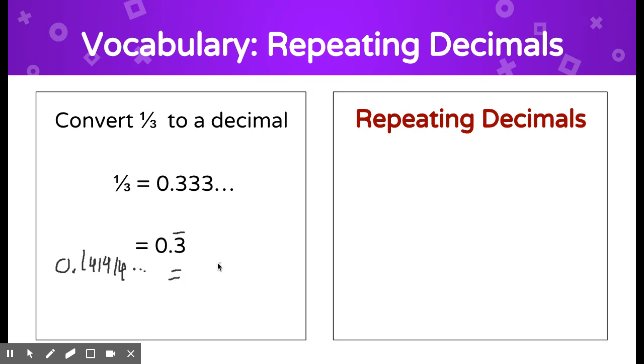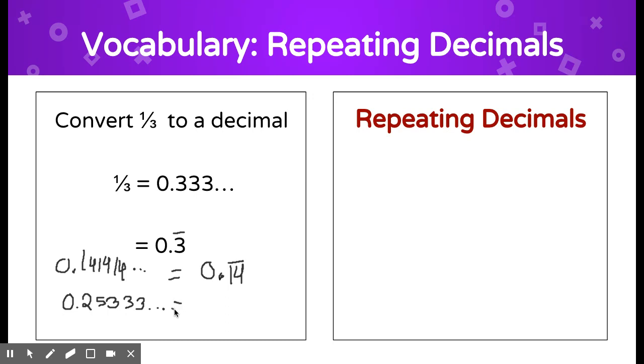So to write this shorthand, you would write 0.14, and you would draw a line going all over 14 because those are the numbers that are repeating. Now, if we had something a little bit different where it was, let's say, 0.25, and then the 3 is repeating, right?